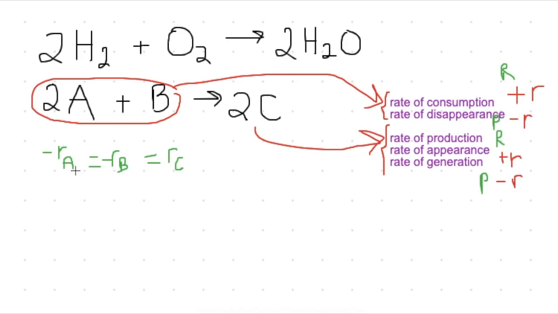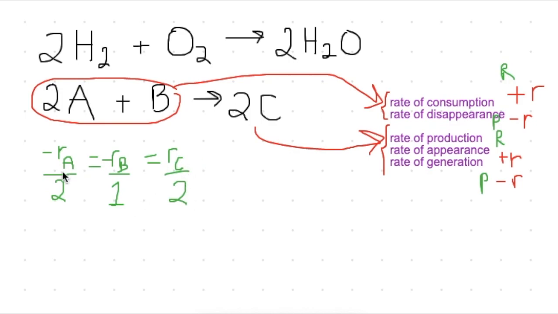Lastly, you need to divide each chemical by the coefficient in front of it. A has a coefficient of 2 in front of it, so we'll divide it by 2. B has nothing, which is just a 1, and C has 2. So I can read this as negative rate of A divided by 2 equals negative rate of B divided by 1 equals positive rate of C divided by 2.